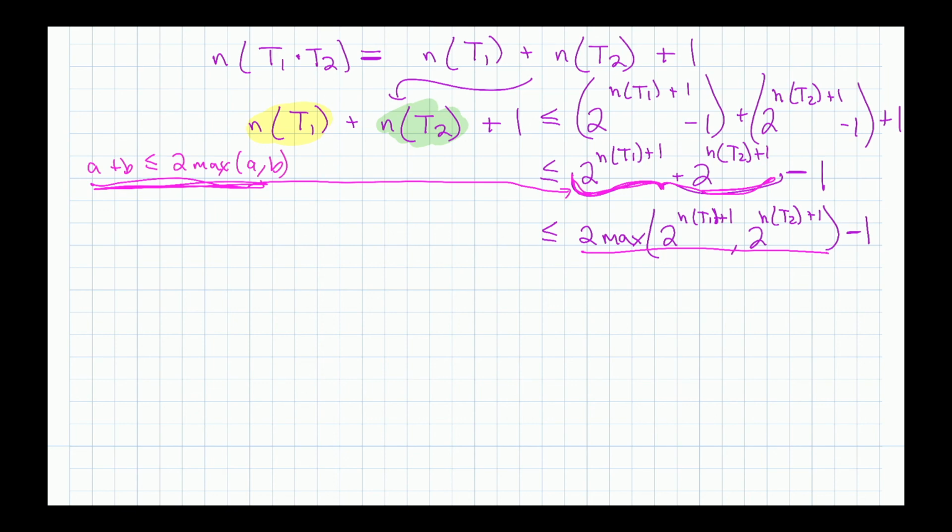So let's just say that I've got a 2 to the, let's say 8 again, and then let's say, why again? We didn't have that before. And then a 2 to the 13. Okay. And let's say we wanted to know the maximum of this.